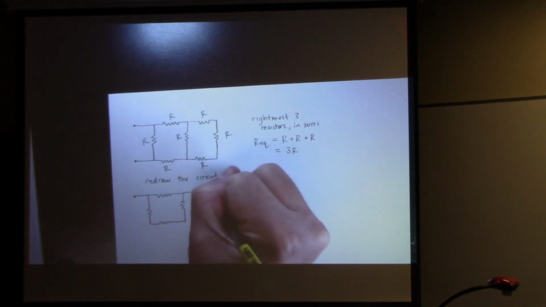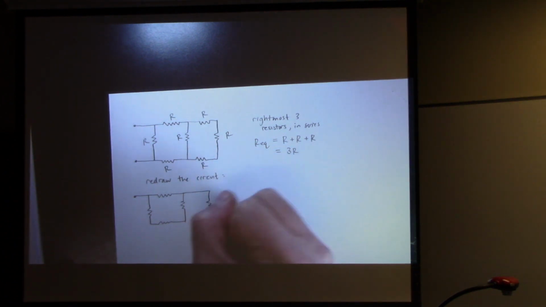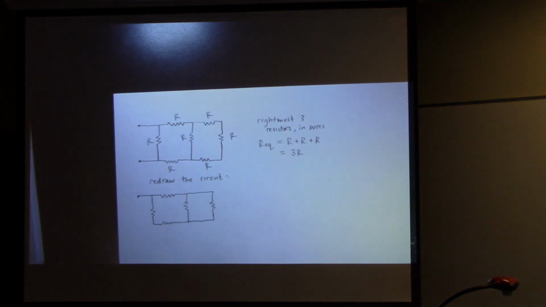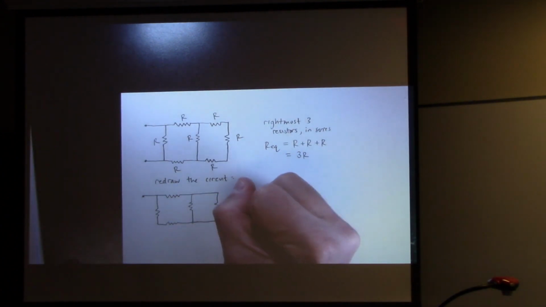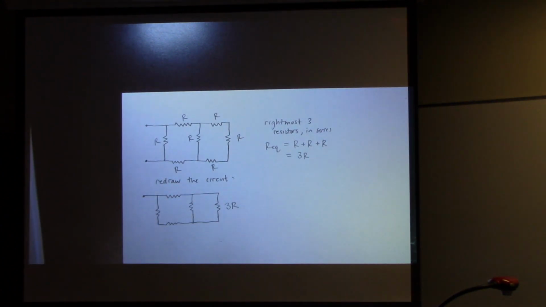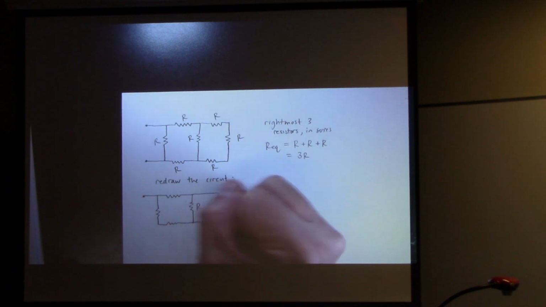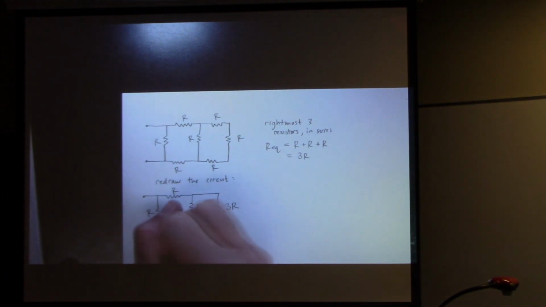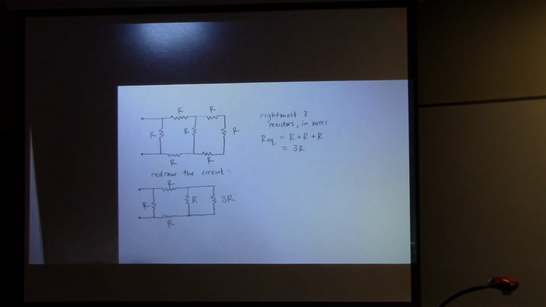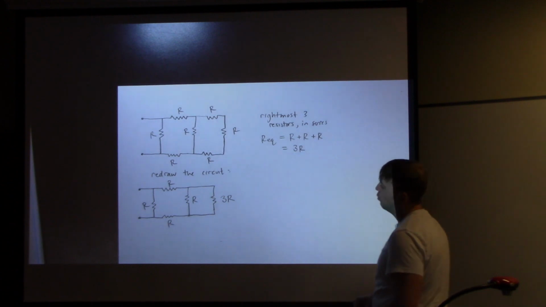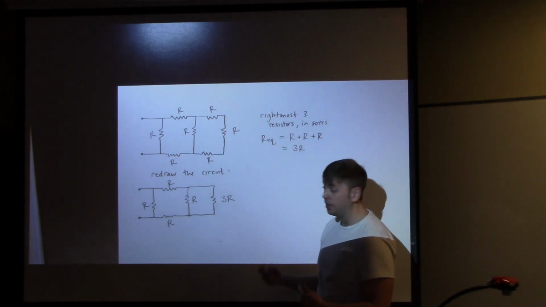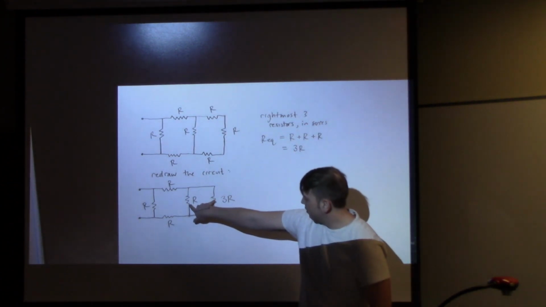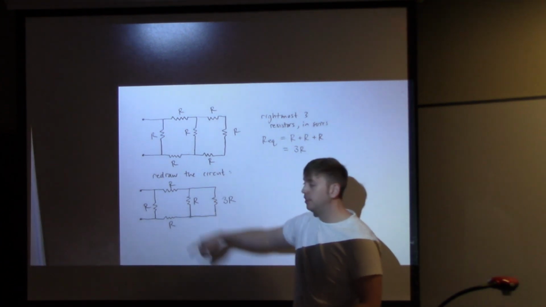Now I just have a single resistor here in the rightmost branch of the circuit. This is now 3R, as we just found, but everything else we haven't combined yet, so it's just R. Again, you look at the simplified circuit and think, what can I combine next? The thing you should be thinking about is the rightmost two resistors. These are now in parallel.